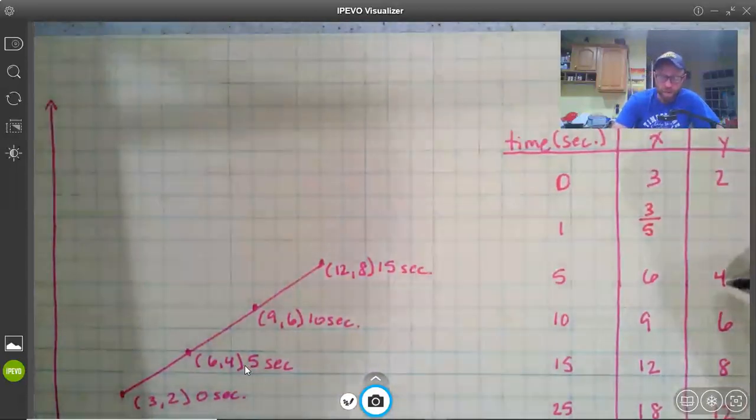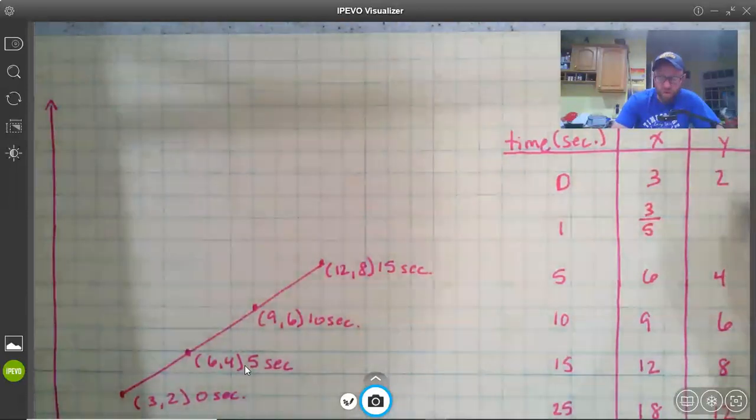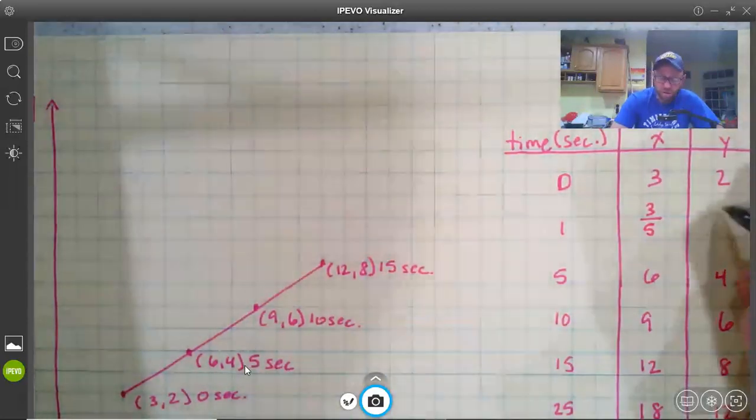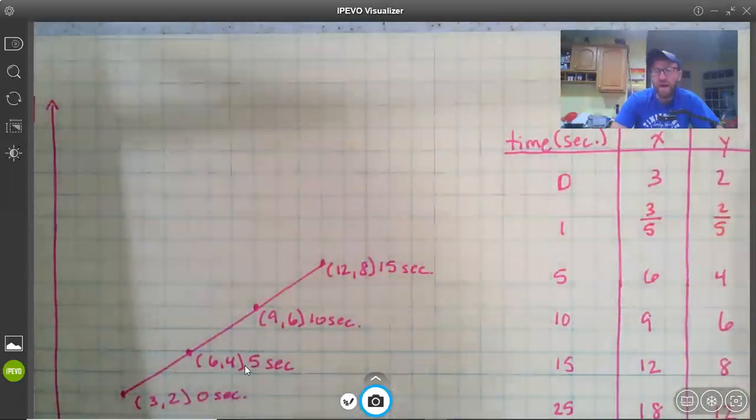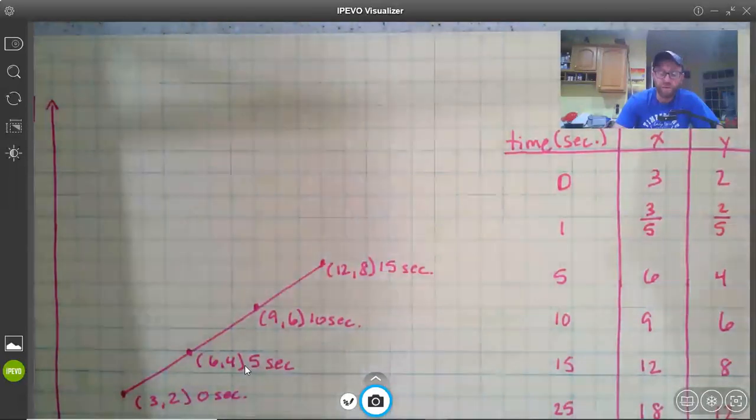And then here we've got 4. It goes from 2 to 4, that's a jump of 2, and does that in 5 seconds. So that's 2 units divided by 5, so 2/5 of a unit per second.